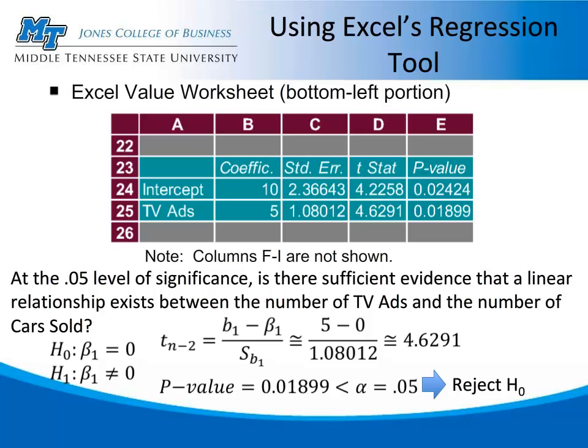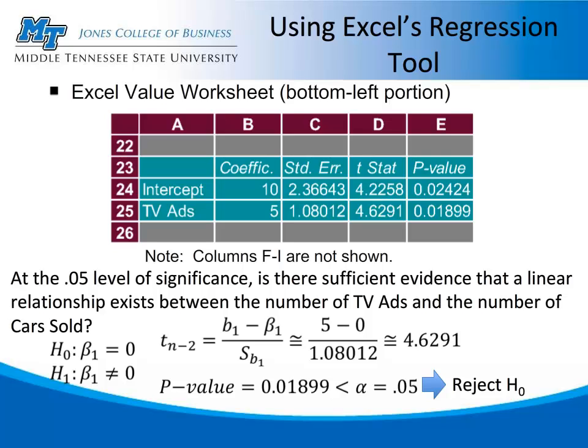It doesn't matter whether you have 3 TV ads or whether you have 35,000 TV ads. You're multiplying it times 0 and there's no effect. The alternative hypothesis is what we're trying to show. We're trying to show that there's a relationship, that when you change the value of x, it's going to have an effect on y.